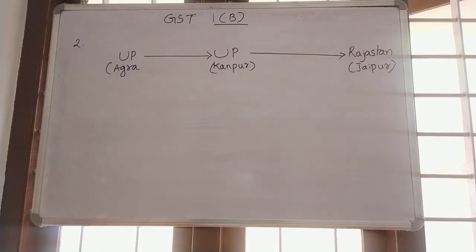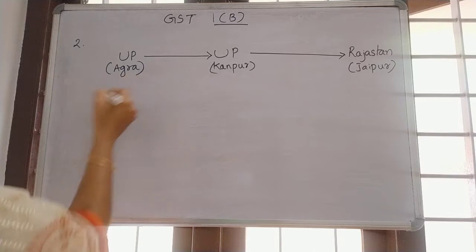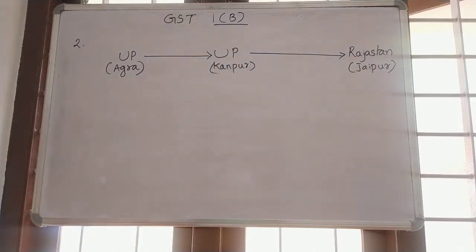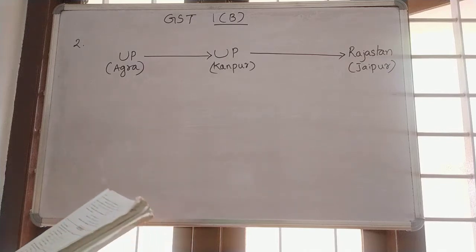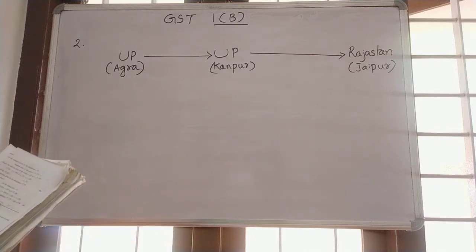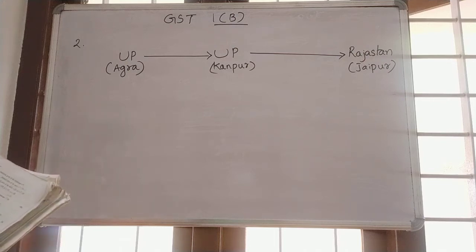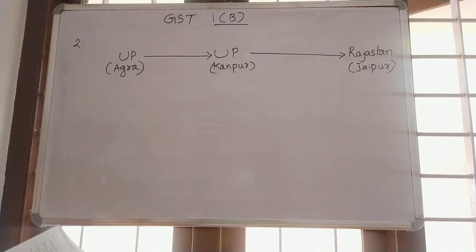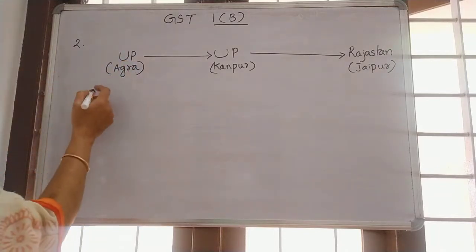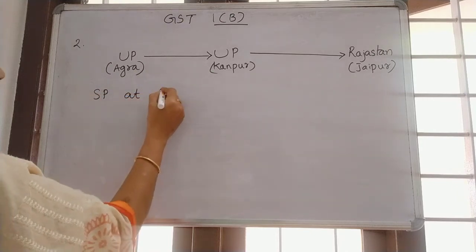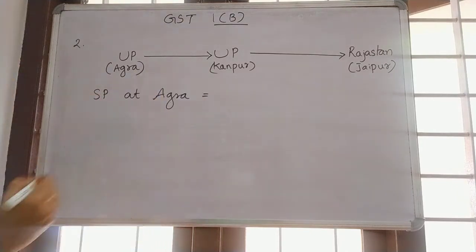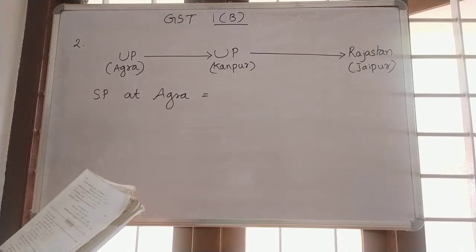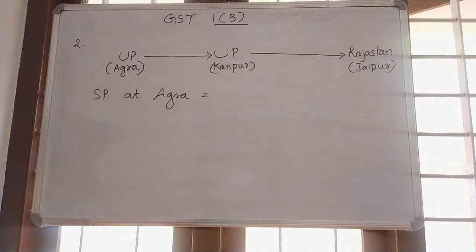The given transaction is from Agra to Kanpur and then Kanpur to Jaipur. Agra is in UP, Kanpur is in UP, Jaipur is in Rajasthan. Goods or services are sold from Agra to Kanpur for rupees 20,000.